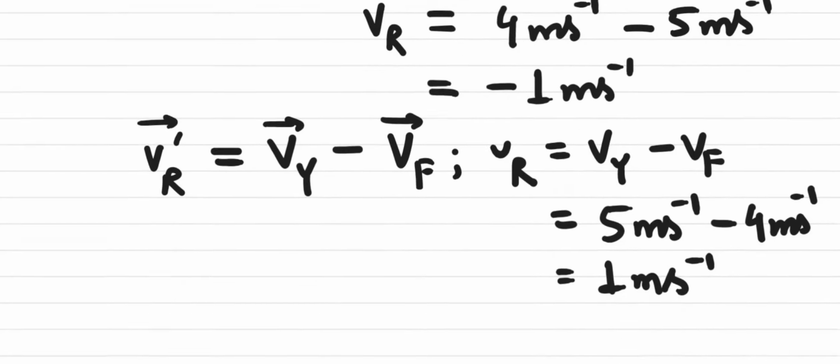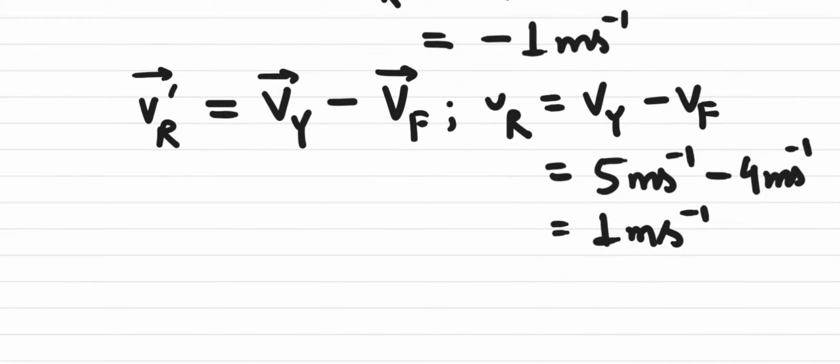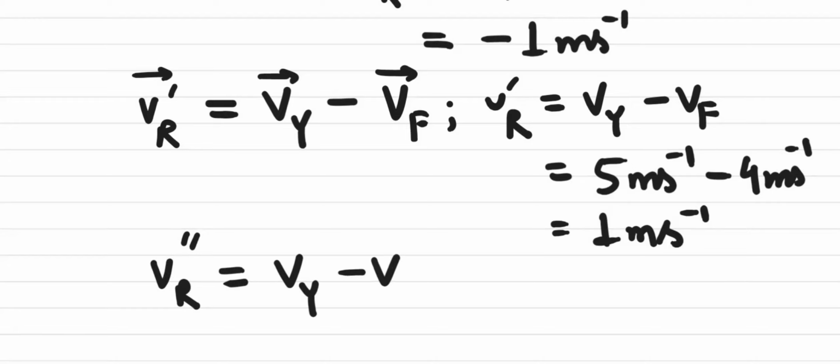Now, we all know we ourselves are stationary with respect to our own frame. That is very clear from this formula. Your relative velocity with respect to yourself, denoted by Vr double prime, equals Vy minus Vy, which is 0 meters per second.